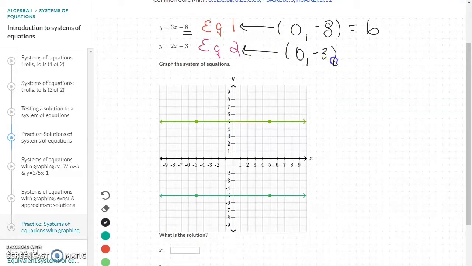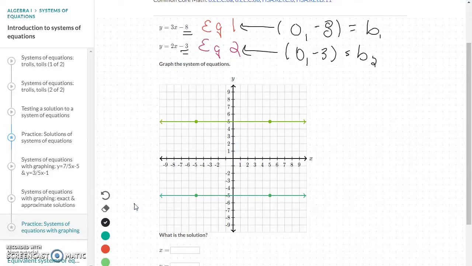Of course, unless you're dealing with parallel lines that never intersect. But in this case, the slopes are not the same because the slope in equation 1 is 3 and the slope in equation 2 is 2. So they may or may not intersect.